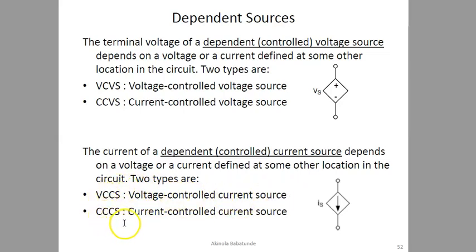And then we have the current controlled current source. This means that the current source is controlled by another current in other locations in the circuit. This is also represented with a diamond or kite shape, and you can see Is represents the current source, and you can see the arrow flowing down between these two terminals.